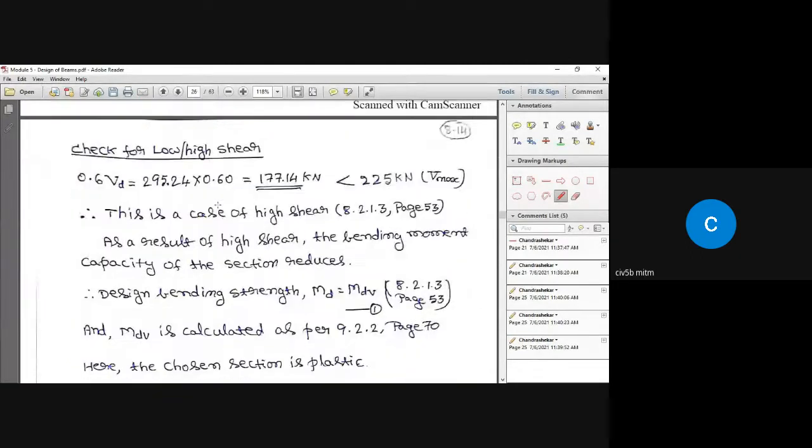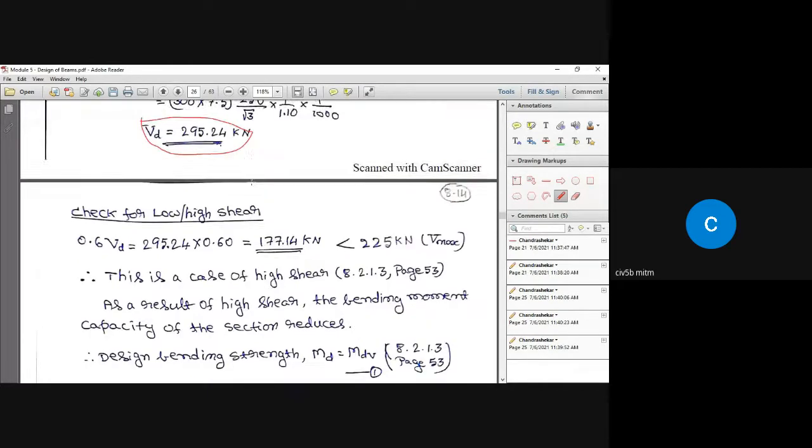Then we don't know whether we have to make use of the equation MD equal to beta B ZP Fy divided by gamma M0, or a different formula taking into account the high shear value. First, we have to check it.